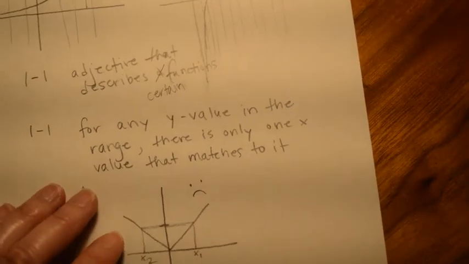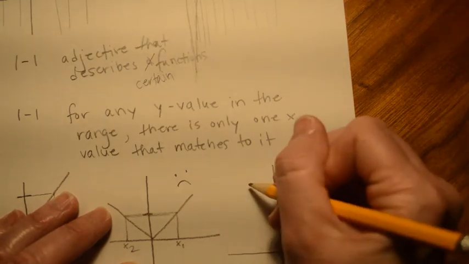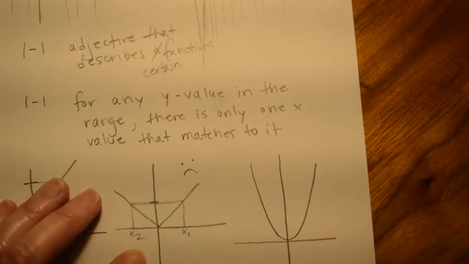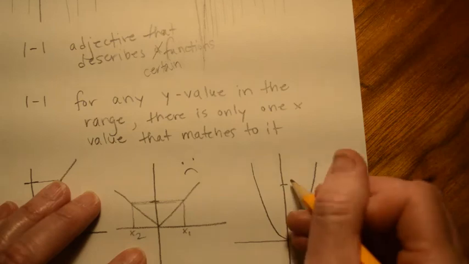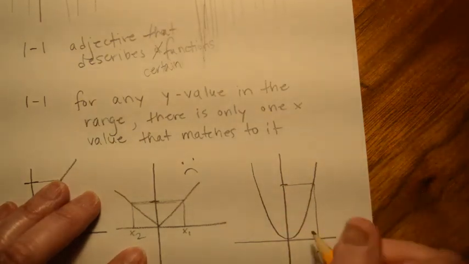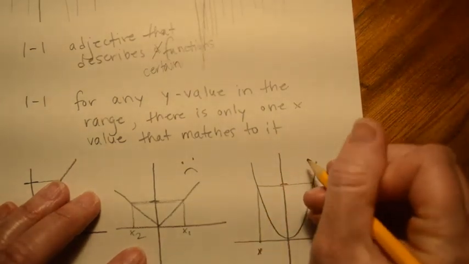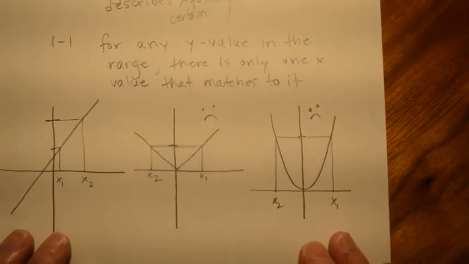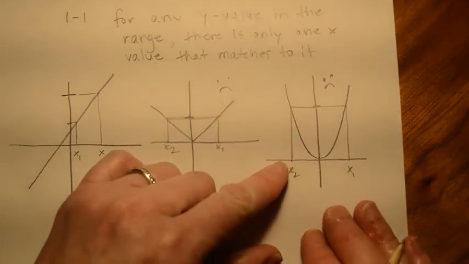Here's another example of a function that's not one-to-one. We haven't graphed any of these yet, at least not to a great degree, but this is a quadratic, right? So again, I pick any y value in the range and I say, okay, that x value down here created it, but also this x value over here created it, right? So this is also not one-to-one.